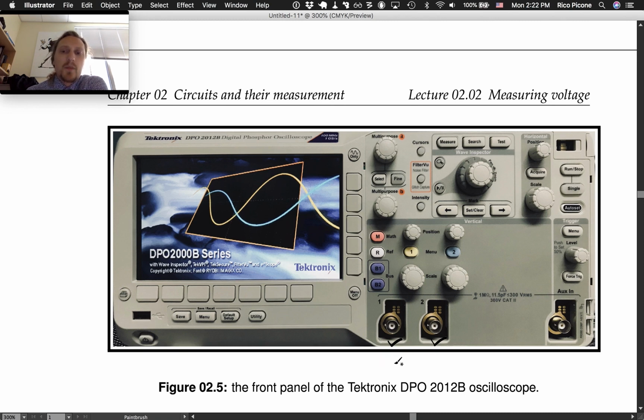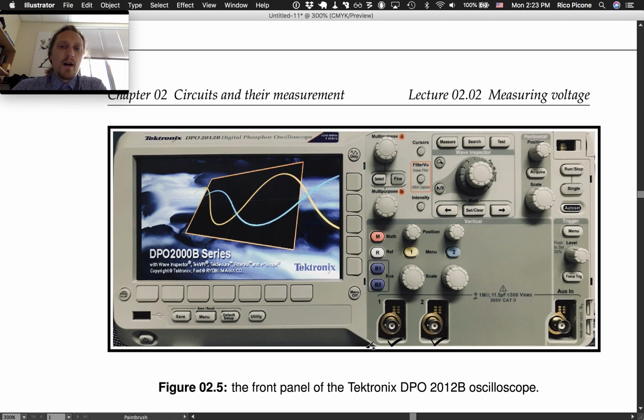So the input impedance is 1 megaohm. Just like the multimeter in high resistance connection, these have high resistance. So if you connect probes across something, it shouldn't really affect the circuit. It shouldn't be loading the circuit.